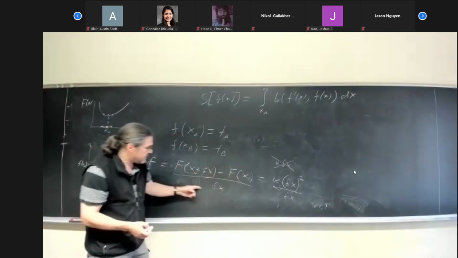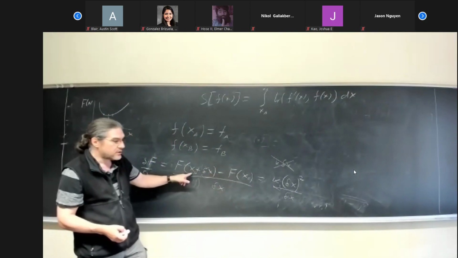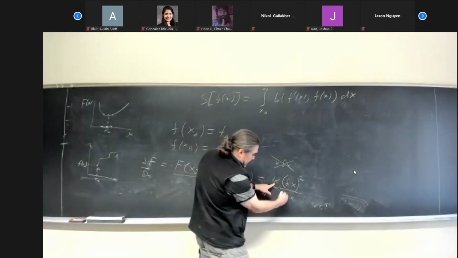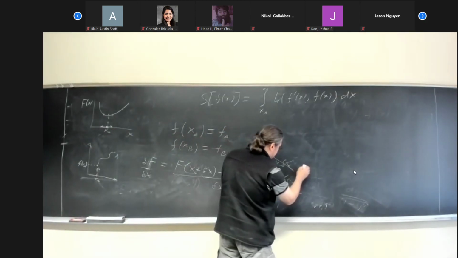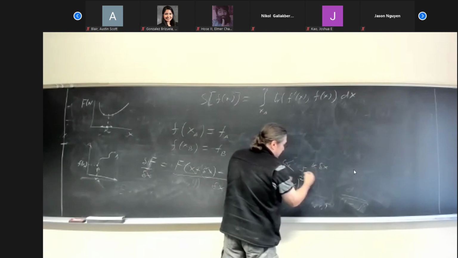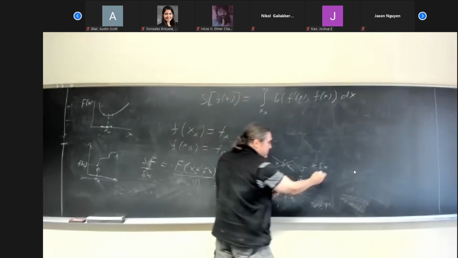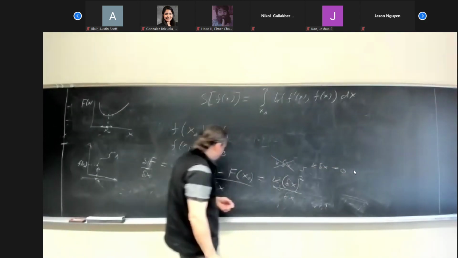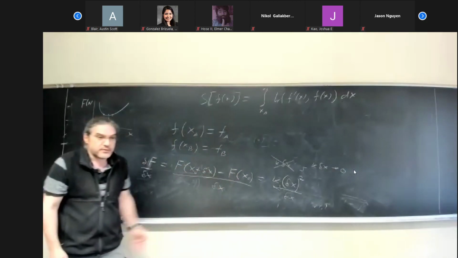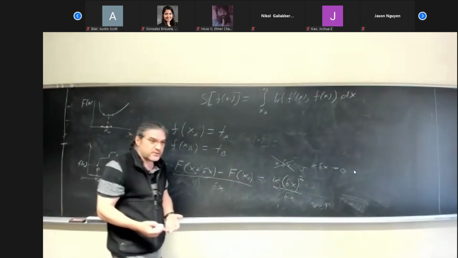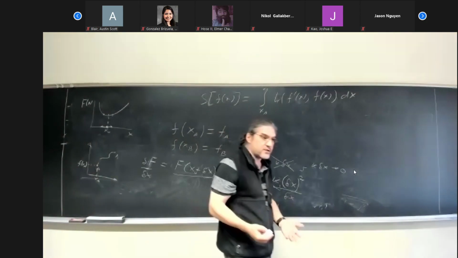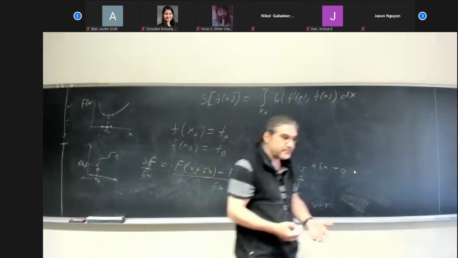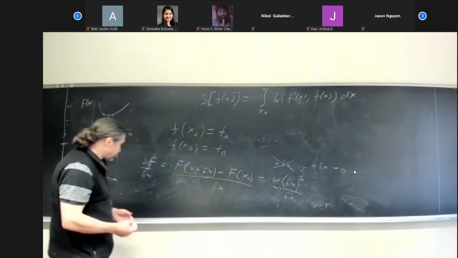That's the derivative of the function f at point x naught. When I divide by delta x, I will see here k delta x. If I now take the limit delta x goes to 0, this goes to 0. So it means the derivative equals 0. That's exactly the statement of finding the minimum of a function. Right? That makes sense? Yes.